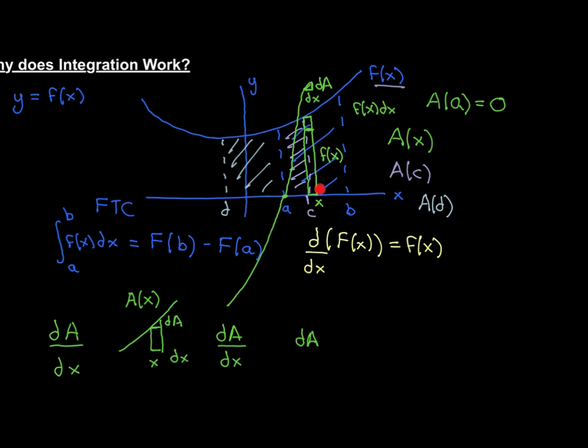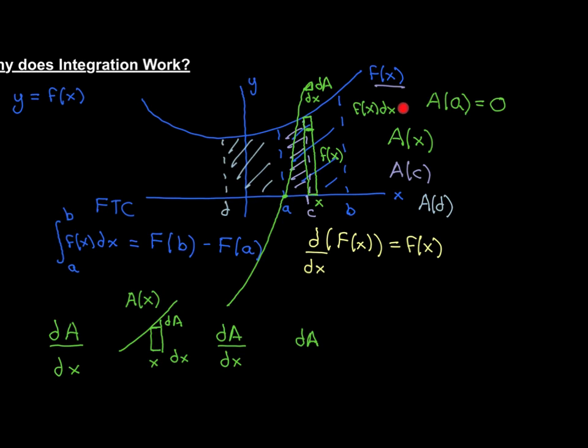The height of the rectangle is going to be f of x, and I've convinced you, hopefully, that you don't need to worry about this upper border here being really complicated, because if we're making the change in x absolutely tiny, then this is going to become effectively constant up here. It's going to just take the value of f of x, and therefore it's going to gradually converge on being a rectangle as you make the change smaller and smaller.